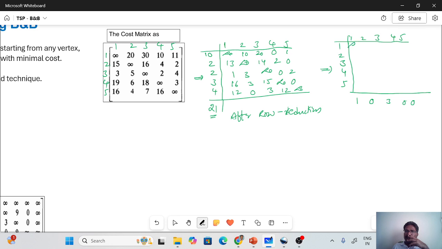So infinity, 12, 0, 15 and 11. And here 0, the same, 10, infinity, 3, 3, 0. Then 20, 14, infinity, 15. Sorry, we have 3, right?